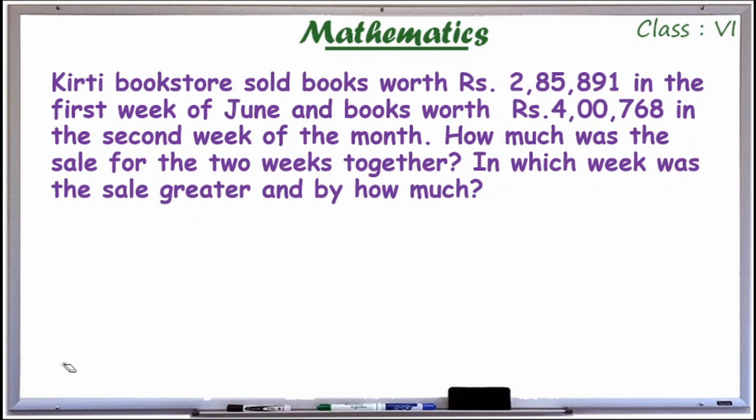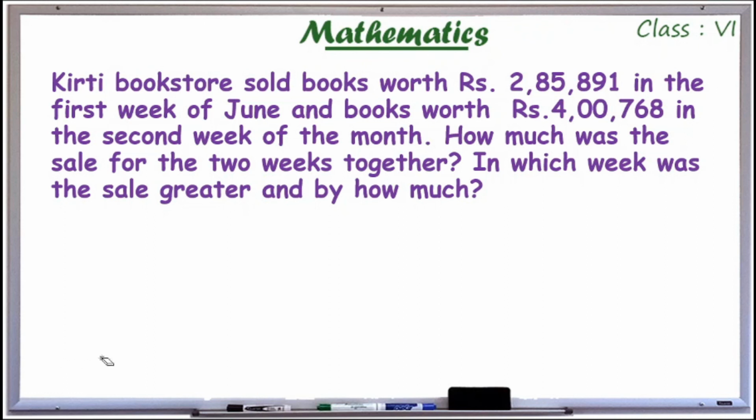The next question. Kirti bookstore sold books worth rupees 2,85,991 in the first week of June and books worth 4 lakh and 768 in the second week of the month. How much was the sale for the 2 weeks together? In which week is the sale greater and by how much?